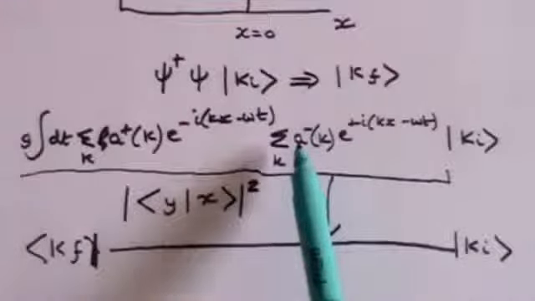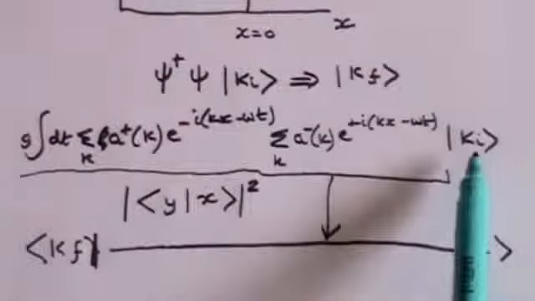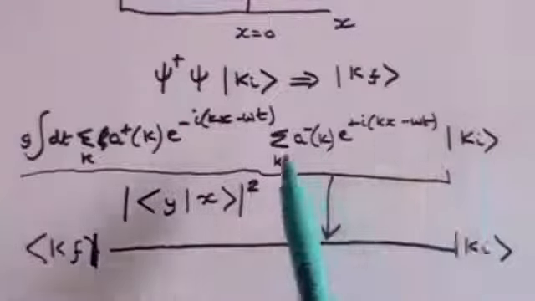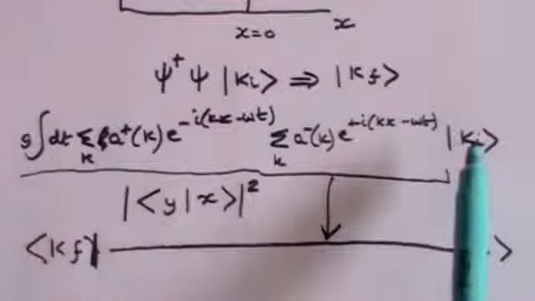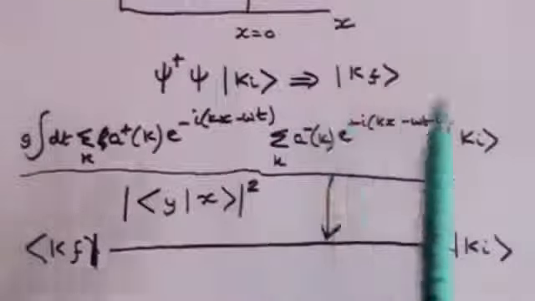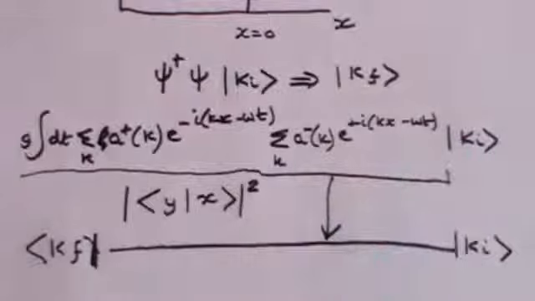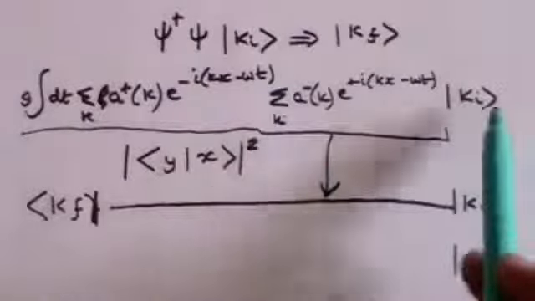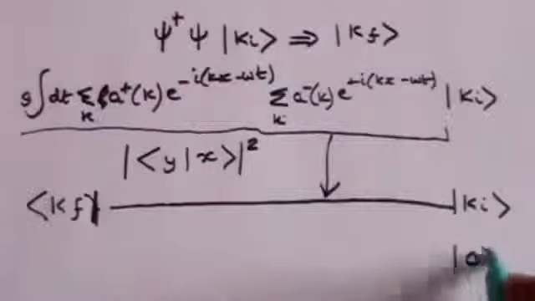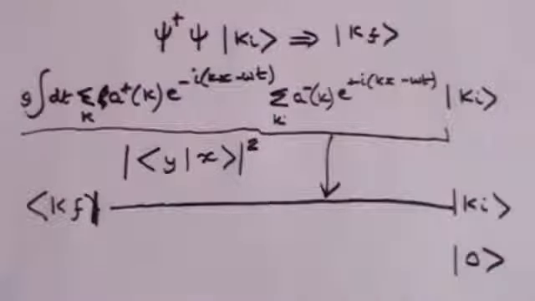The only particle that exists to annihilate is the one that has a particular value of K, which is K initial. So this will cycle over all the values of K and do nothing until it gets to K equals Ki. And when K equals Ki, A minus will annihilate it. So the effect of A minus on Ki is to annihilate and give you the vacuum, and that's the state 0.